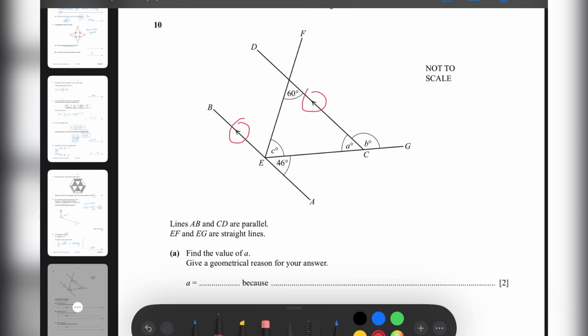So here, right, did you notice this line is forming a Z. So angle A will be equal to this angle, because it's an alternate angle, student. So you will write 46 degree. Alternate angles are equal. Okay.